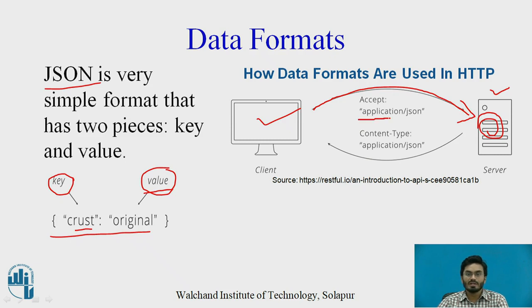It is mentioned something like application/JSON, and in response, if the server allows the client to talk in JSON format, then it is going to return content type equals application/JSON. Here the deal is finished, and henceforth whatever communication happens between the client and the server is going to happen with a JSON data format.